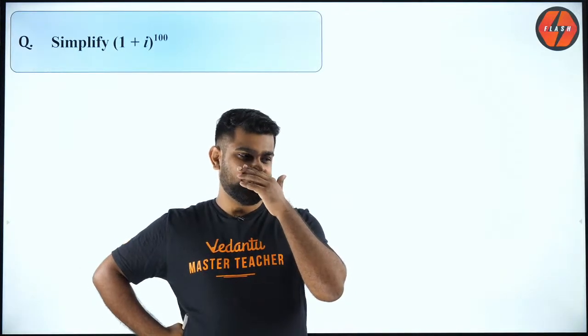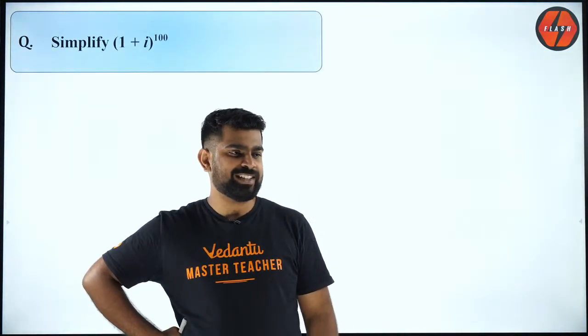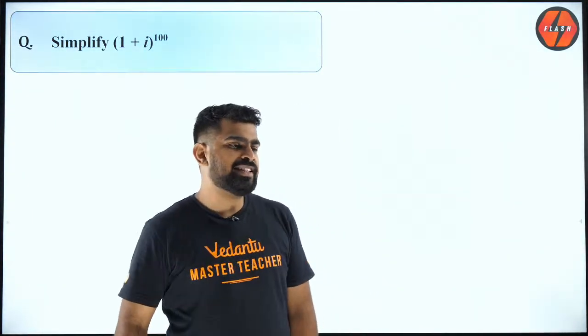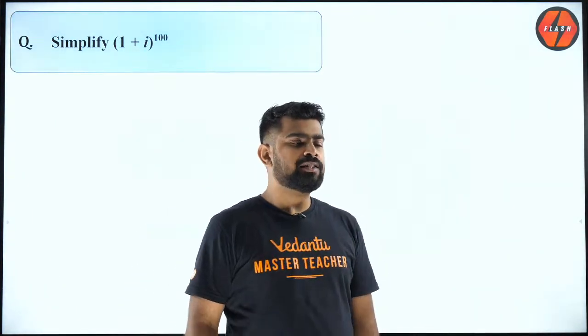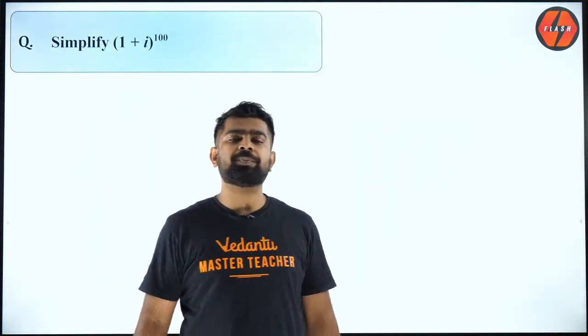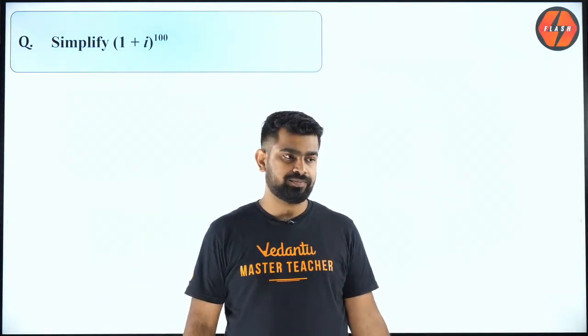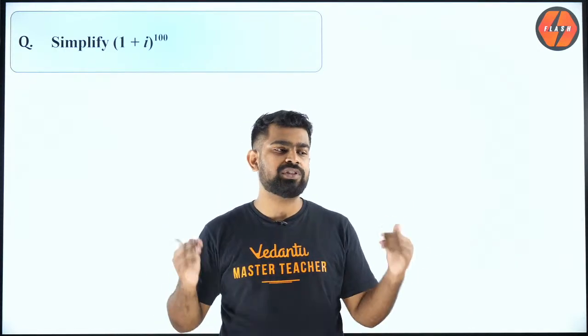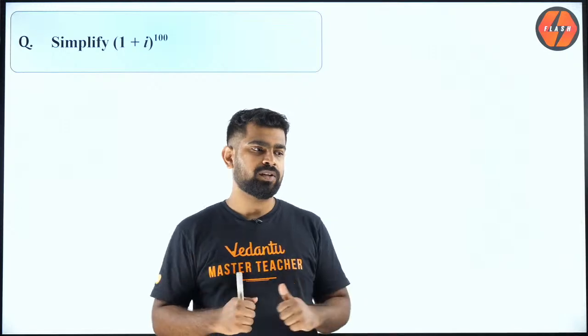Okay. Uvashri says 0. No, Uvashri, that's not correct. Think about it. Say the question, Rameshwaran, you can't see it. The question is (1 plus i) to the power 100. (1 plus i) to the power 100, you have to simplify. Got it?